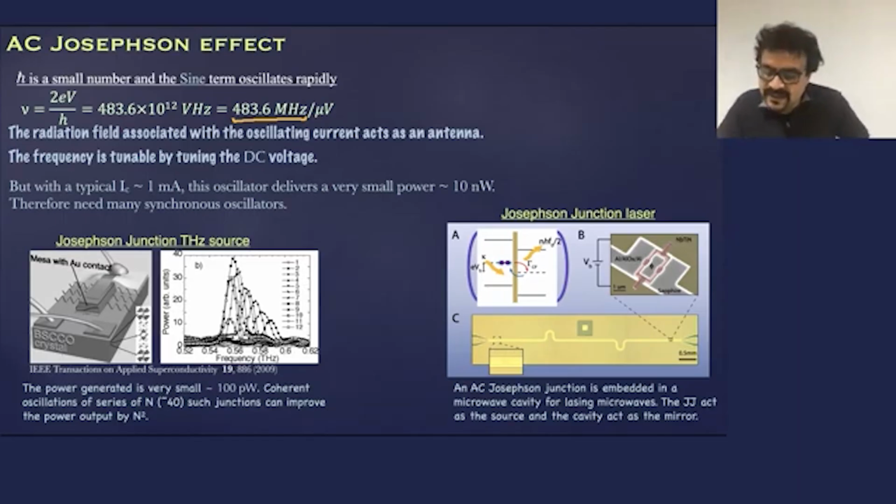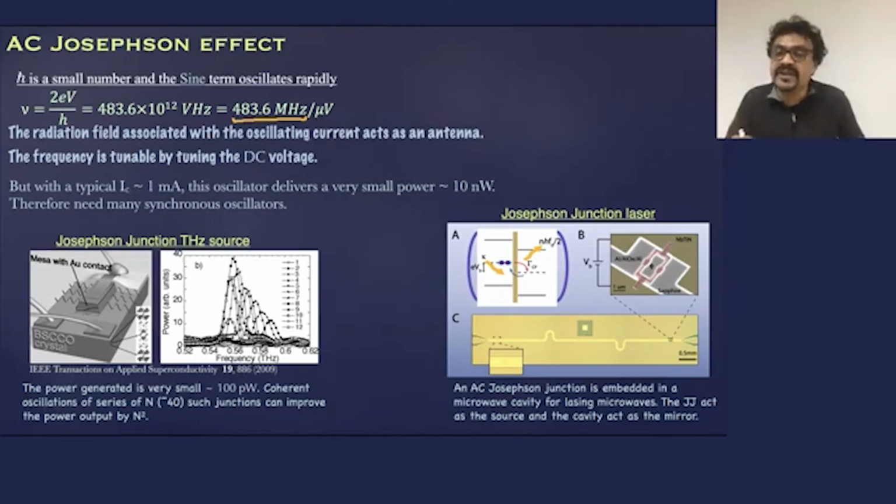And similarly, in this paper, what they were doing is they had a Josephson junction which is trapped in a cavity, which is embedded in a microwave cavity. So this is like a lasing system for microwave. So you have a source.